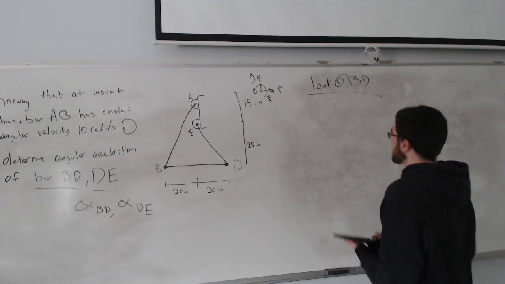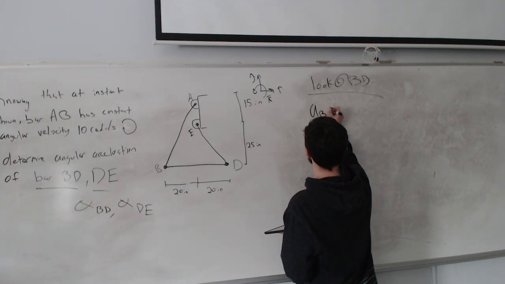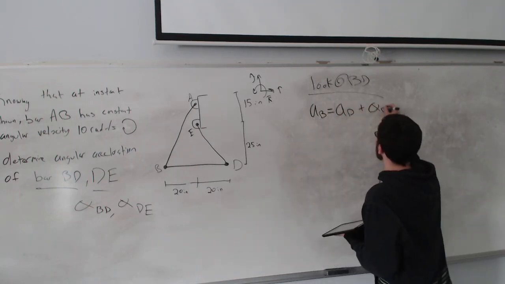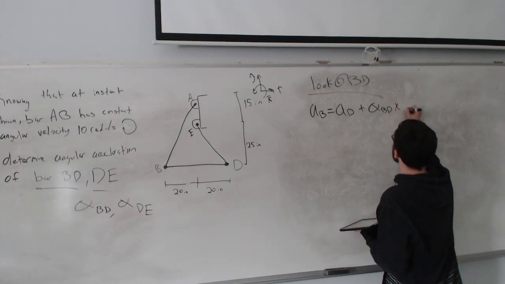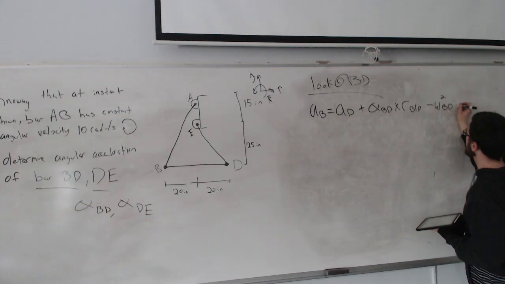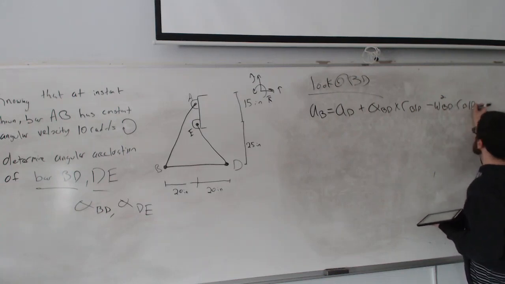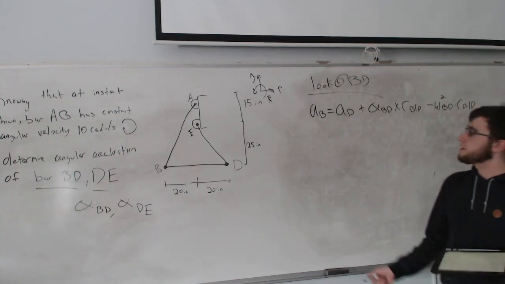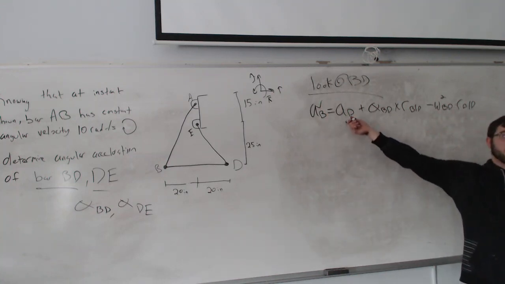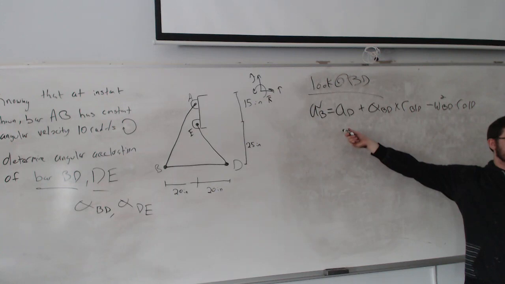So, it was acceleration of B is equal to the acceleration of D plus alpha BD cross r B with respect to D minus... The first thing I started with, calculated this a long time ago at this point. I just solved for all components of the acceleration of D.